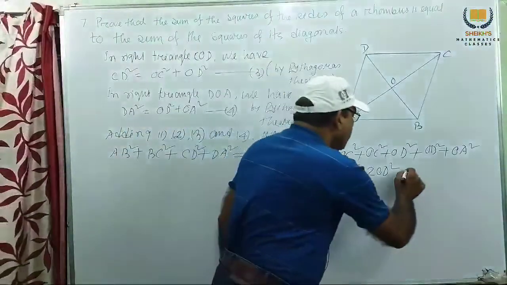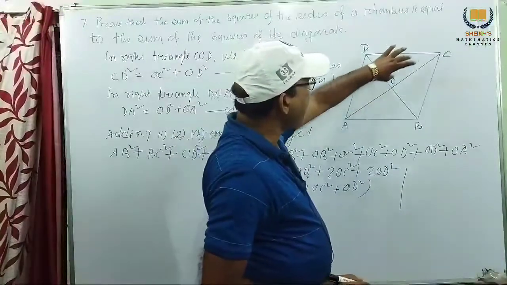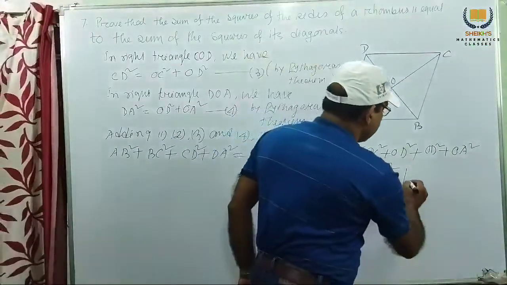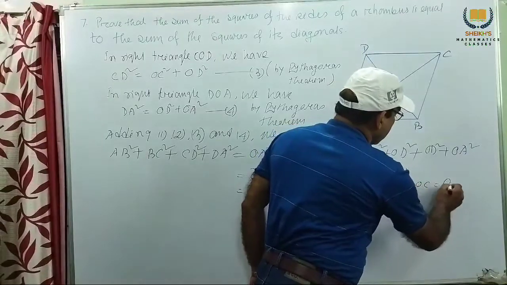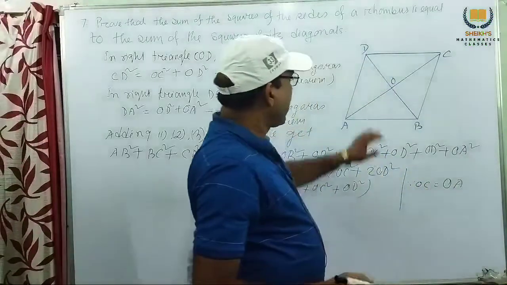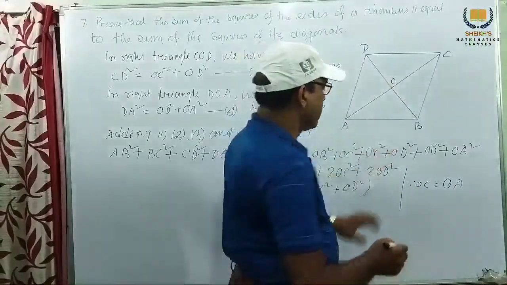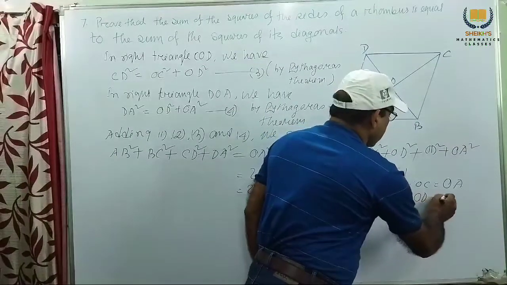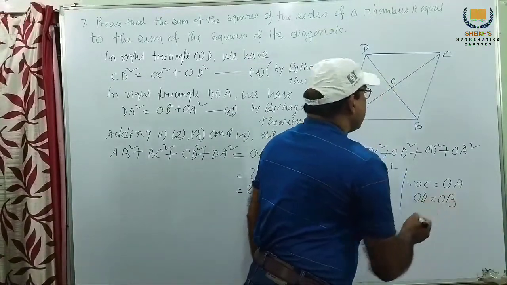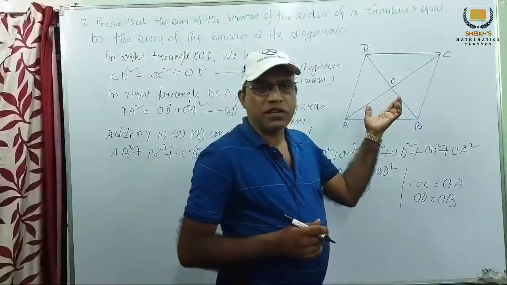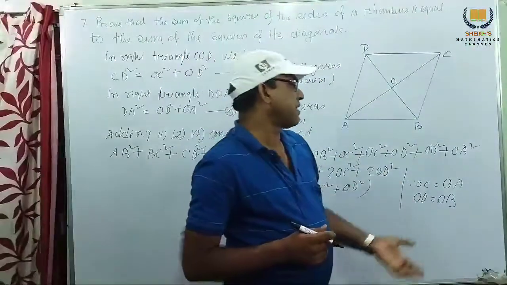Now we know OC equal to OA and OD equal to OB, since the diagonals of a rhombus bisect each other at right angles.